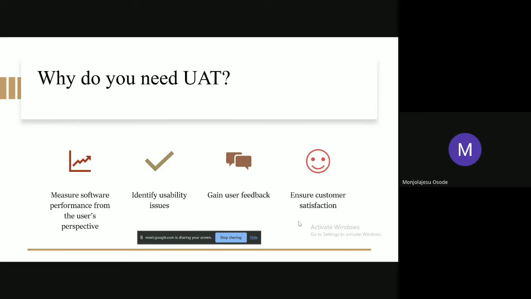It's based on the test you told them to carry out, because I'm still going to get to the point where you have to tell them this is what this test is about. This is what you need to check. So we'll try to manage them not to go over what you didn't expect them to check. So you want to measure the performance of the software from their own perspective, right?